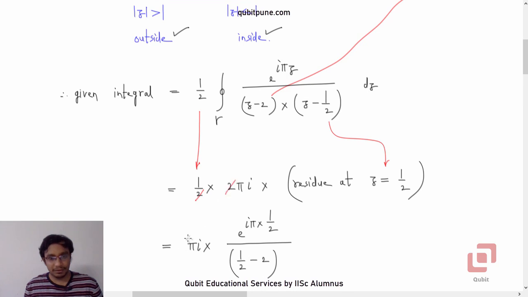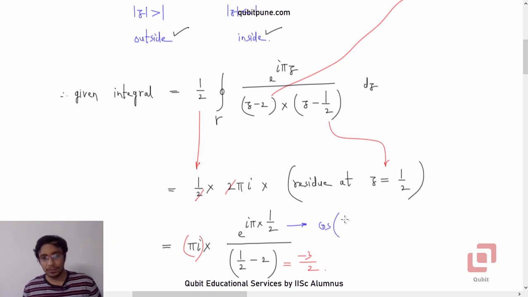The 2 will get cancelled, so you will have pi i into the residue at z equal to 1 upon 2. Put z as 1 upon 2 in the remaining part. The denominator will be 1 upon 2 minus 2, which is negative 3 by 2, and the numerator is e to the power i pi by 2, which is i. Use Euler's formula.